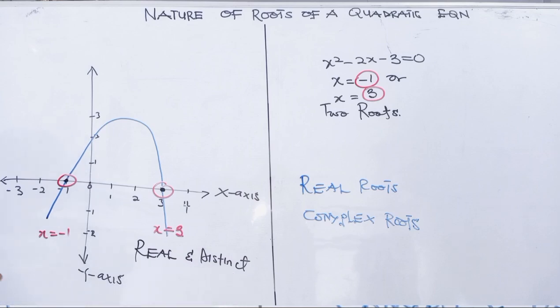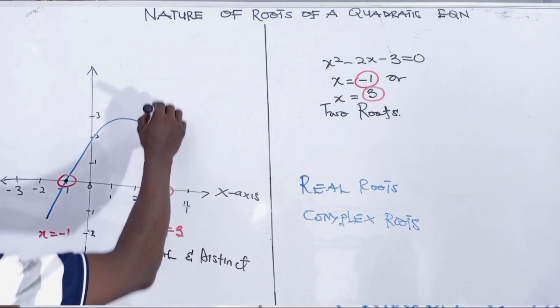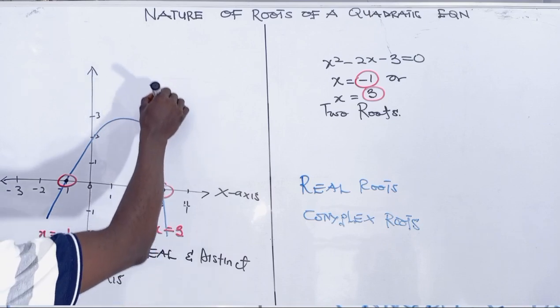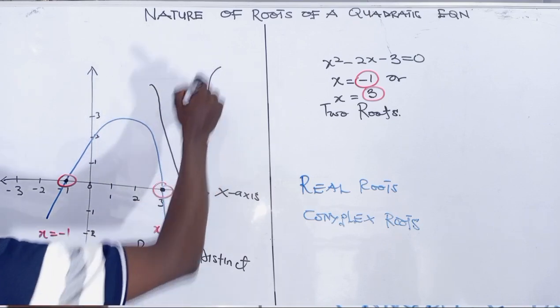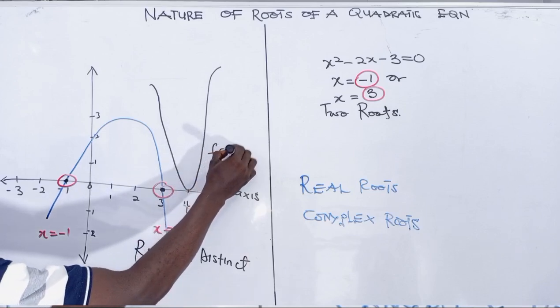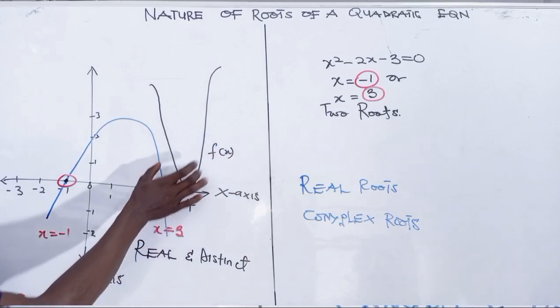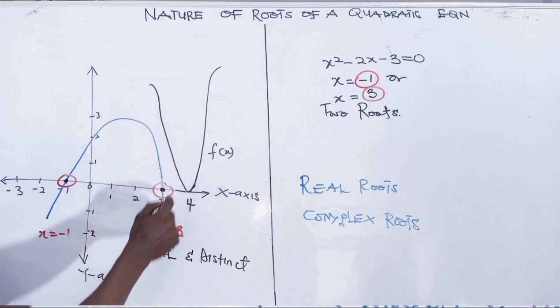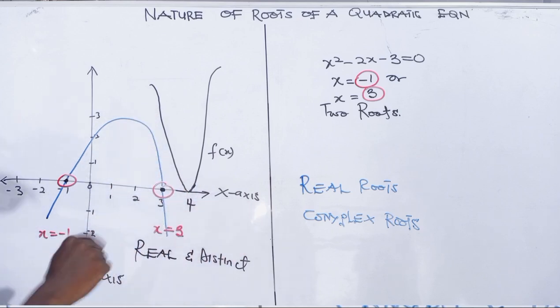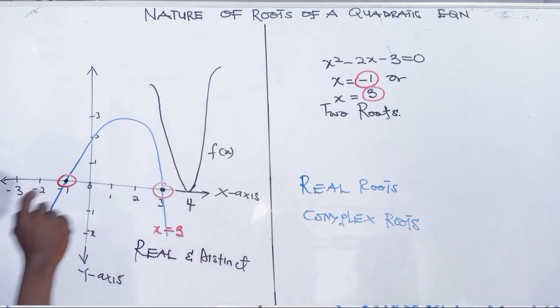Now let's look at another type of quadratic curve. When you have a quadratic curve which touches the x-axis at only one point, let's look at this curve. So this is another quadratic curve. We can see that this quadratic curve is touching the x-axis, or cutting the x-axis, at only one point.